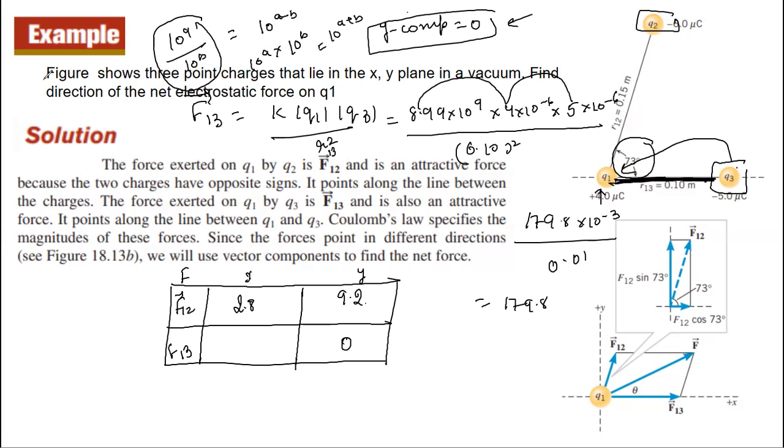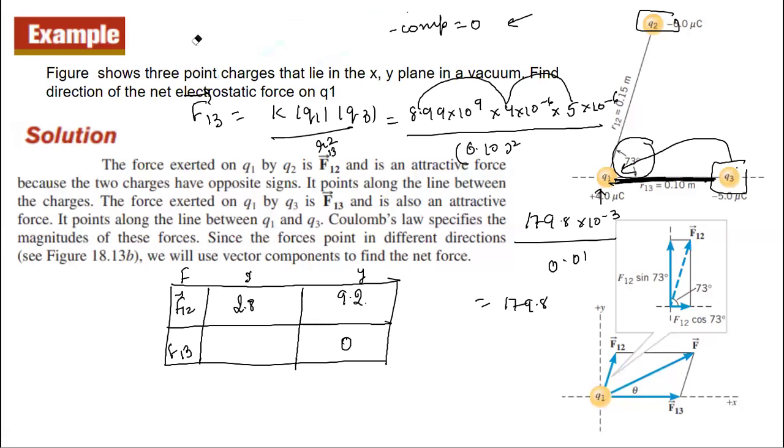Let me make some space on this side. I have 10 to the power minus 3 on the top. In the denominator, 0.01 can be written as 10 to the power minus 2. So the formula says I have minus 3, this is my a, and this is my b.